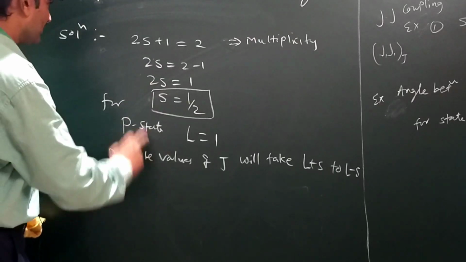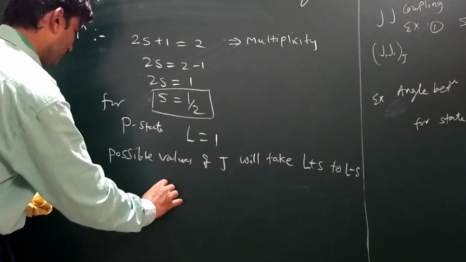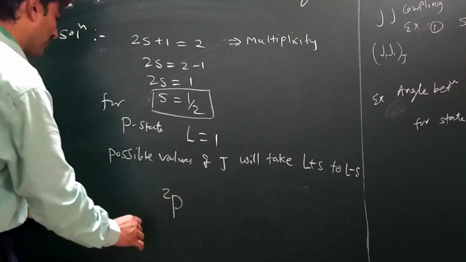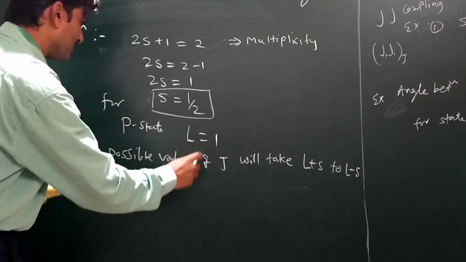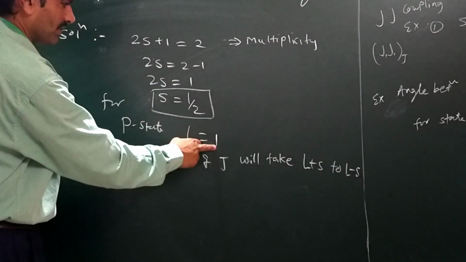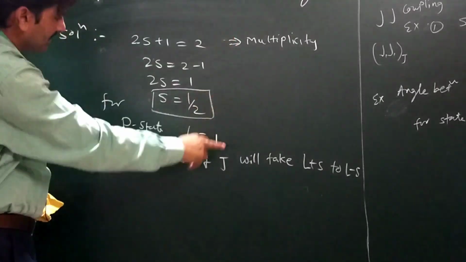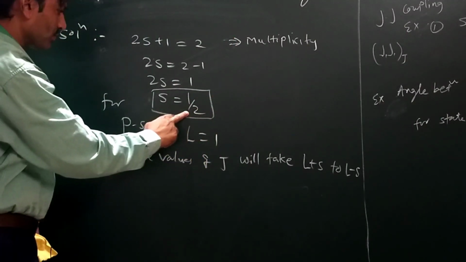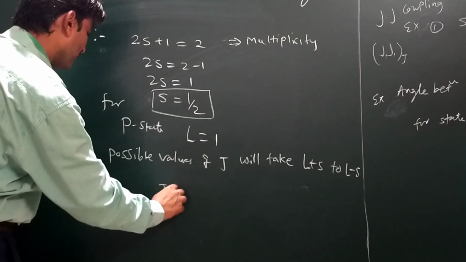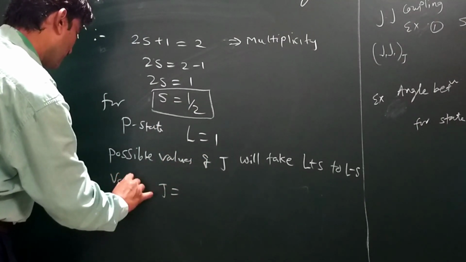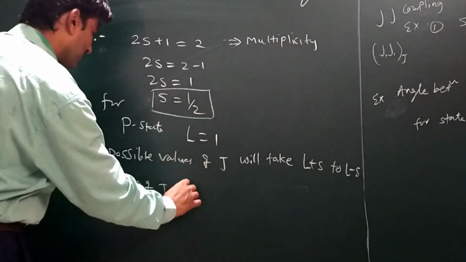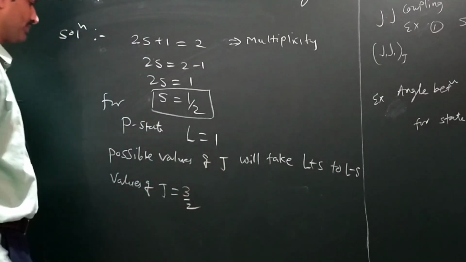So how can we write these terms? That is 2P. So what are the values of J? First we add L plus S, that is 1 plus half, so J is 3 by 2.